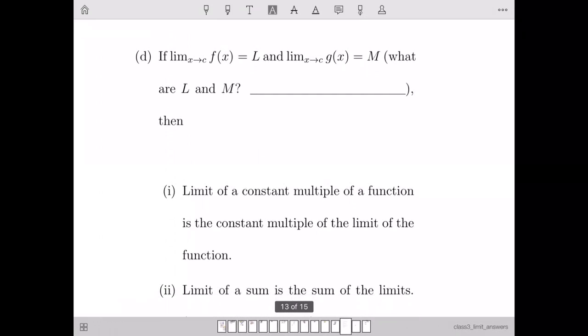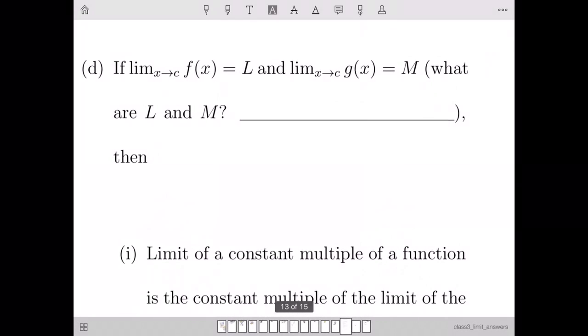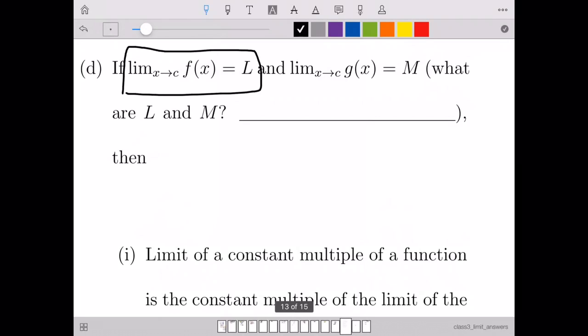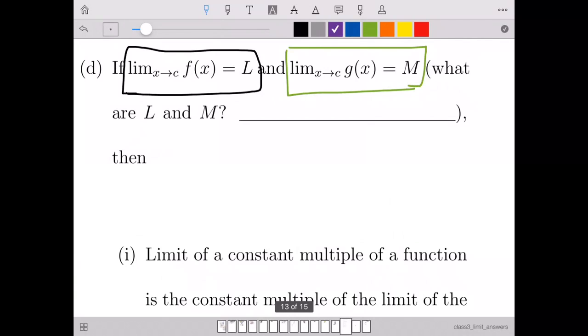And then D. If the limit of f of x as x approaches c is L, and the limit as x approaches c of g of x is m, where L and m exist, it means these are numbers. L and m are definite numbers.